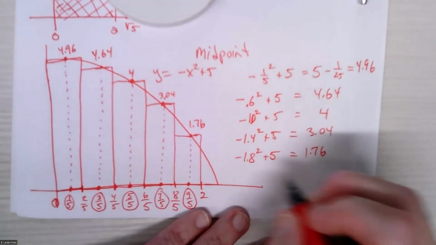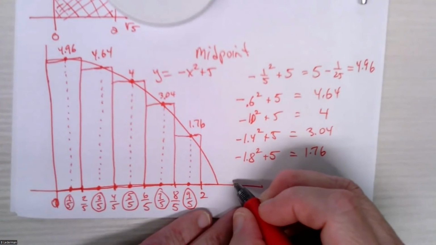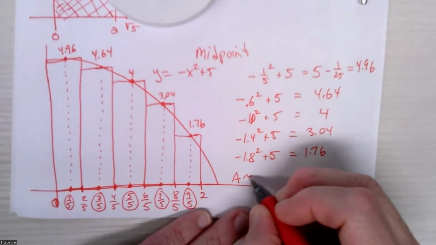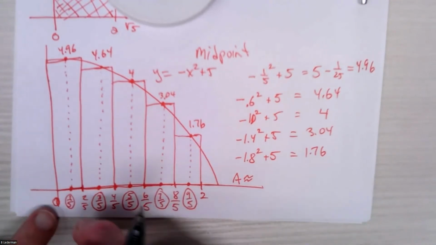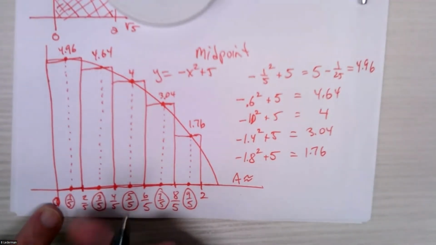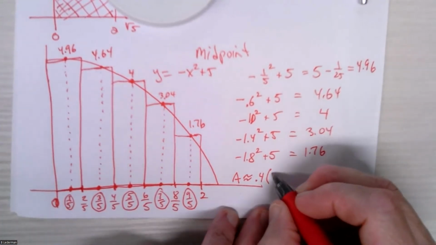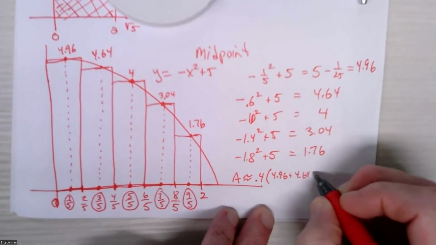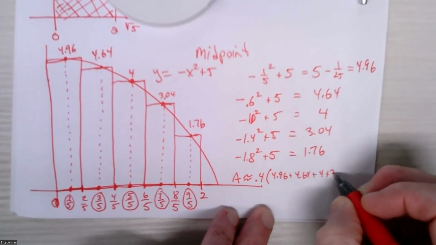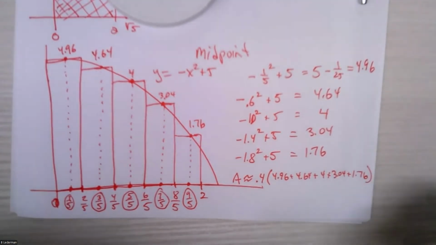So the approximate area is going to be 2/5, which is the width of the rectangle, so that's 0.4, times 4.96 plus 4.64 plus 4 plus 3.04 plus 1.76.